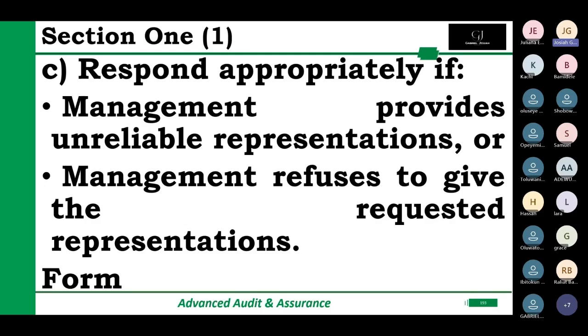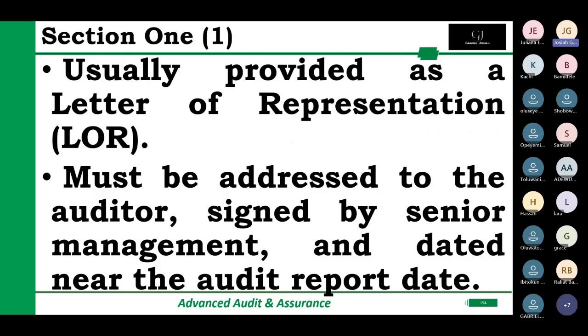The response of the auditor must be documented. Management's refusal to give requested representations is very critical, and it forms a basis for either disclaiming an opinion or even qualifying the report to some extent.